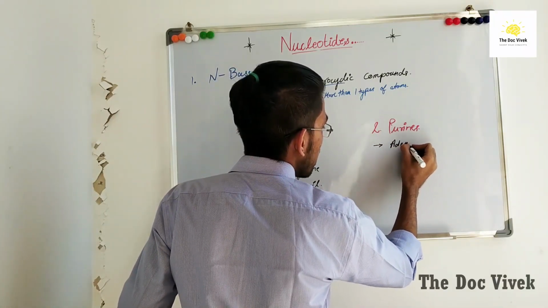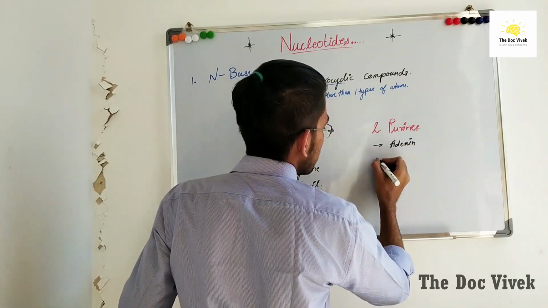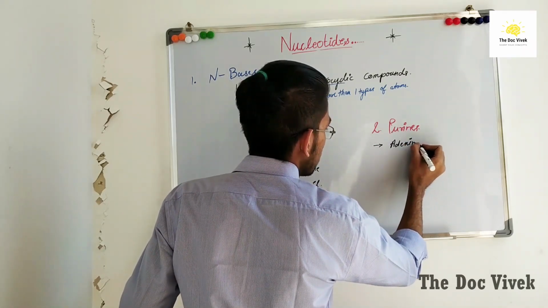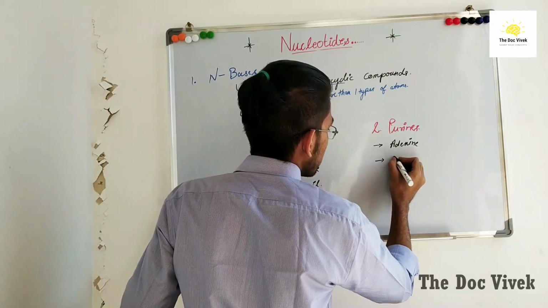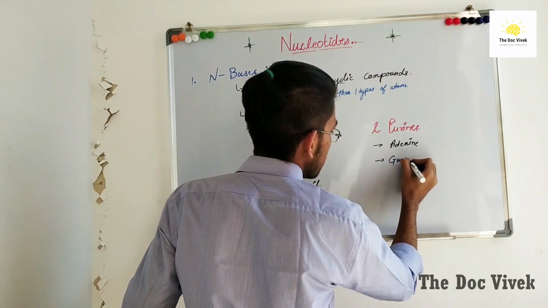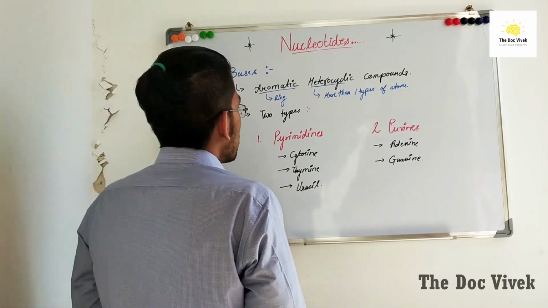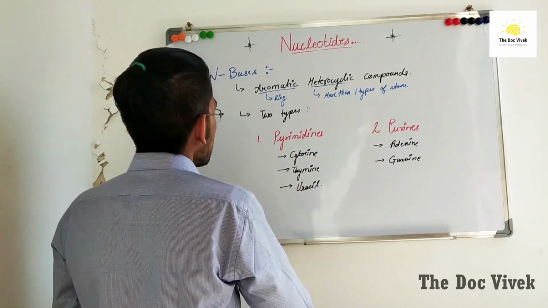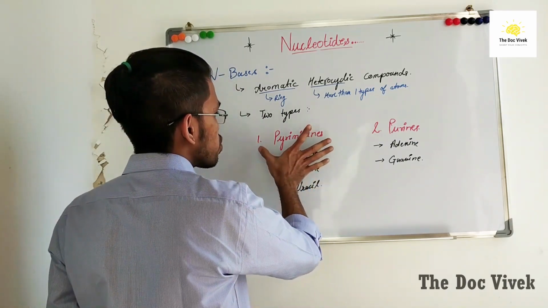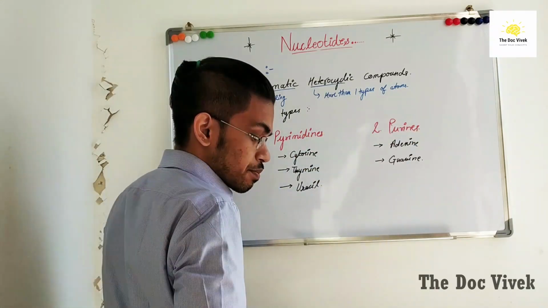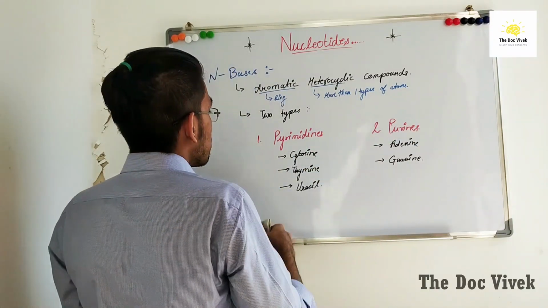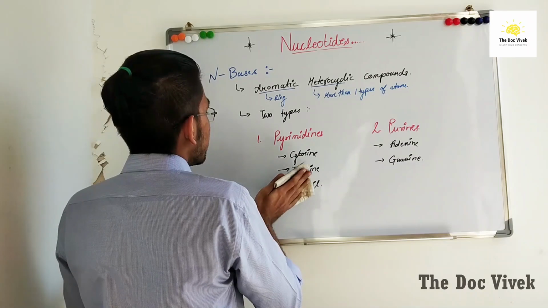One is adenine and the second one is guanine. So now we will try to understand the structures of pyrimidines and purines separately. So let's move towards pyrimidines.